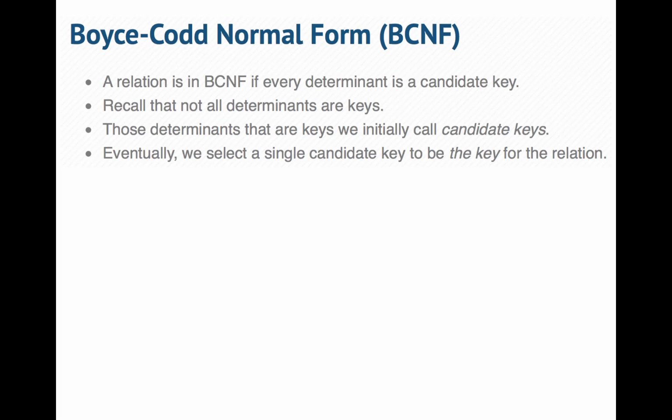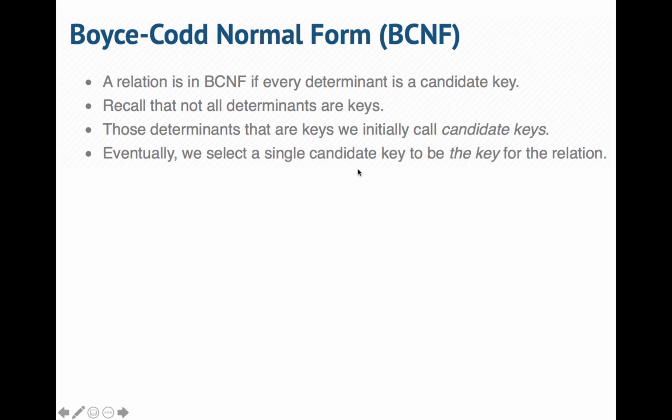Now Boyce-Codd normal form, BCNF: a relation is in BCNF if every determinant is a candidate key. We said that not all determinants are keys. The determinants that are keys, we call candidate keys.